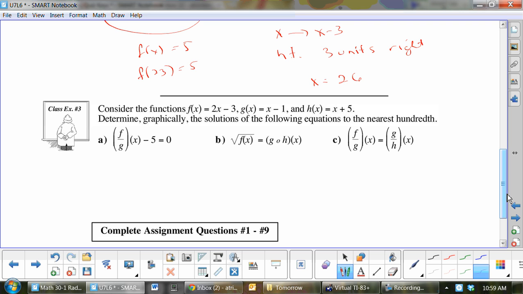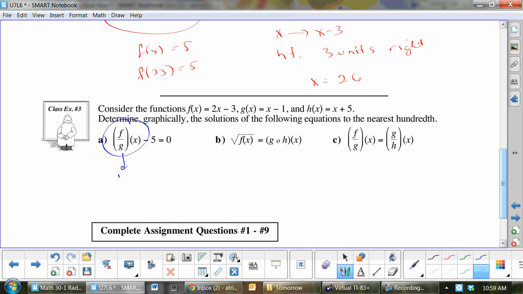Now, f over g of x, that is the same thing as what? This thing. What does it mean? Anyone know? Be more specific. Translate just this to me. What does it mean? Don't even look at the equations yet. What does this mean?